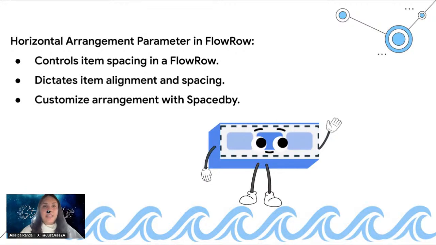And you can also customize your arrangement with space by. So that's how you use the horizontal arrangement parameter in flow row. It controls the spacing, and you can determine how you want it to be aligned and spaced.